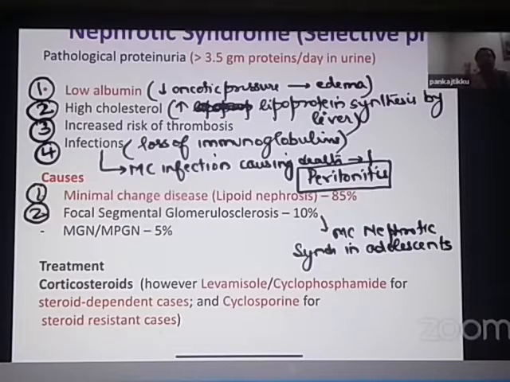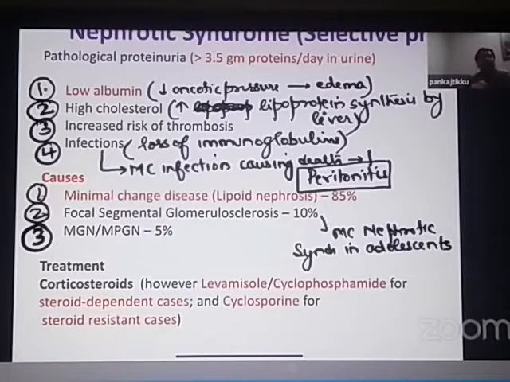But if nephrotic syndrome occurs for the first time in an adolescent, the most likely cause is focal segmental glomerulosclerosis, which can be identified only by renal biopsy findings. That is why when nephrotic syndrome occurs in adolescents, it is important to do a renal biopsy to confirm that this is a case of focal segmental glomerulosclerosis. And only about 5% of cases of nephrotic syndrome in children are caused either by membranous glomerulonephritis, MGN, or by membranoproliferative glomerulonephritis.